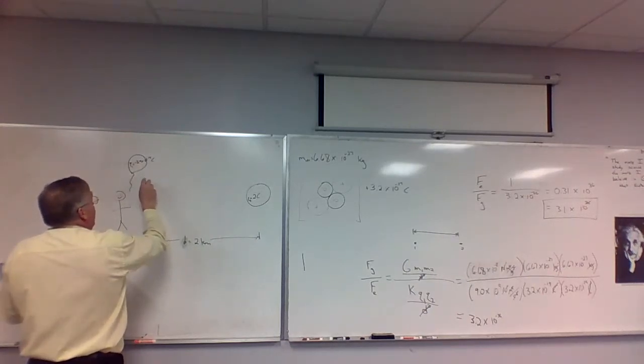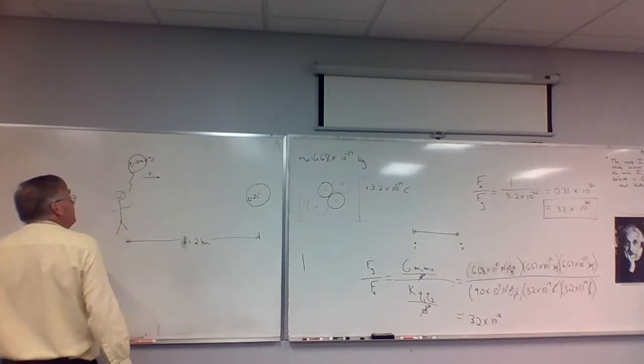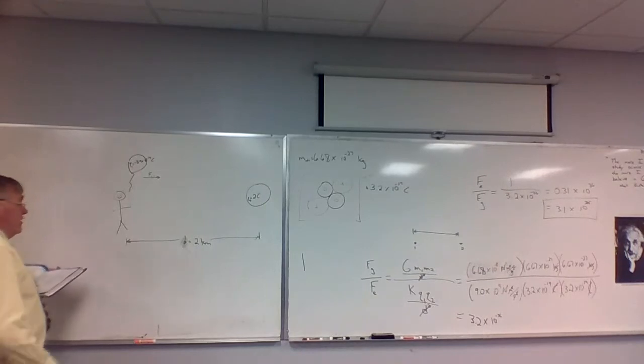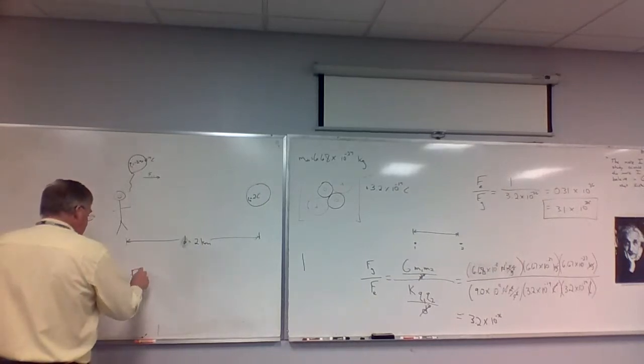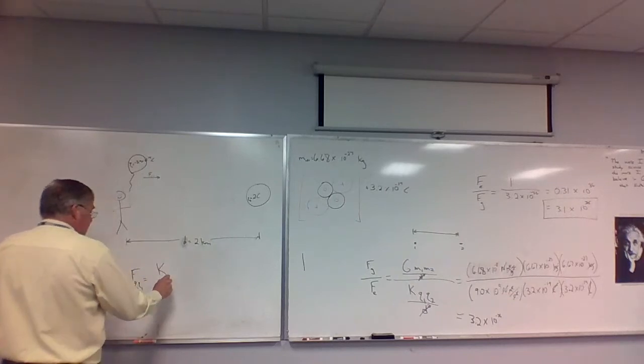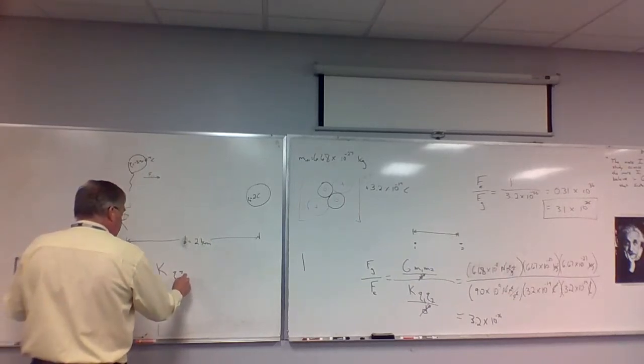What is F sub Q2 on Q1? That's what I'm solving for here. And that is F sub Q2 on Q1 is equal to K times Q1 times Q2 divided by the distance between Q1 and Q2 squared.